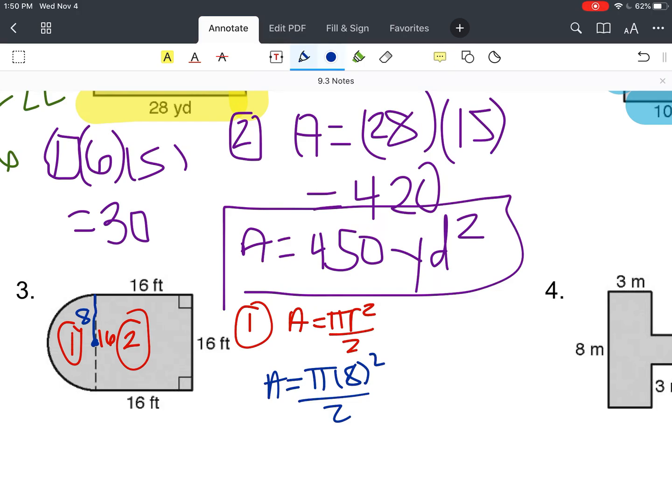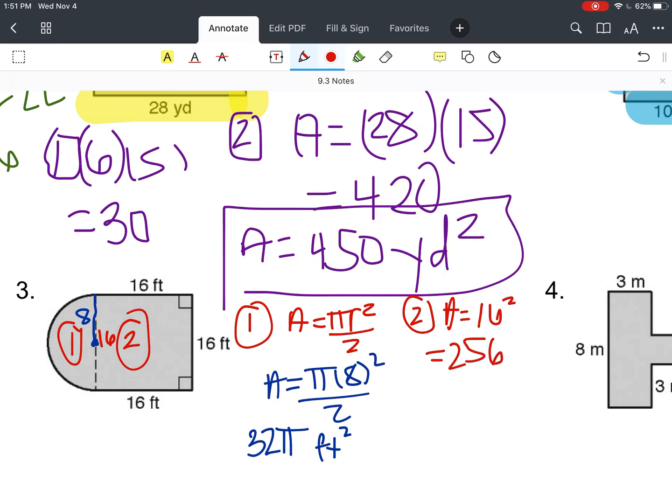For right now, let's just keep this in decimal answer. Makes it easier. So 8 times 8 is 64 divided by 2. You're going to get 32 pi. We'll find out what the decimal is of that once I add these together. So number 2, this is a square.